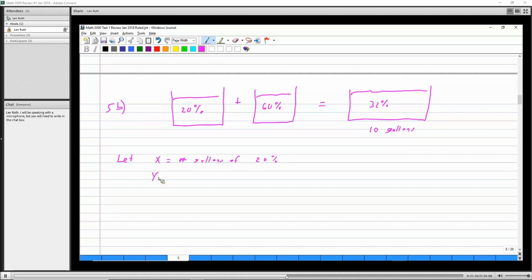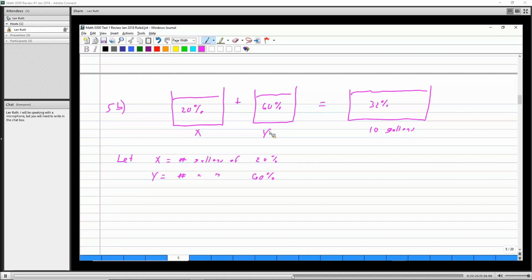And then we also don't know the amount of the 60%, so I'm going to call that Y. And I think I'll stick those in my picture too. So the picture's got all my information. So X gallons of 20% is mixed with Y gallons of 60% to get 10 gallons of 32%. The question is, what is X and Y?